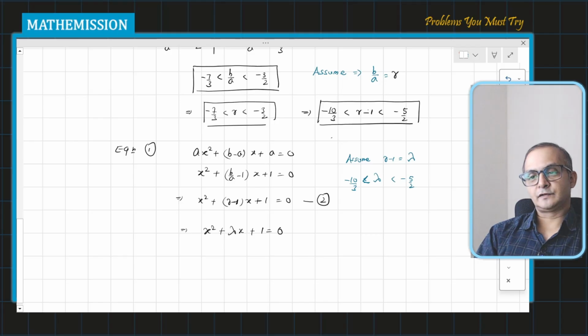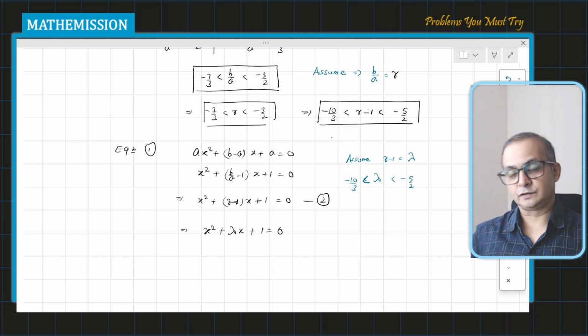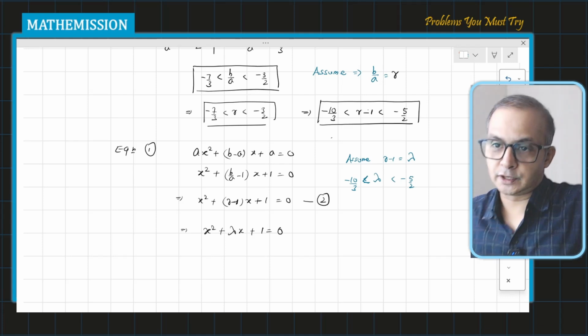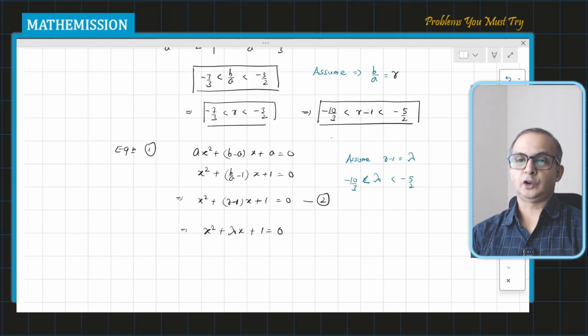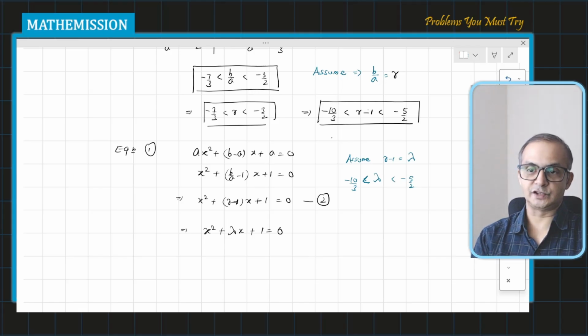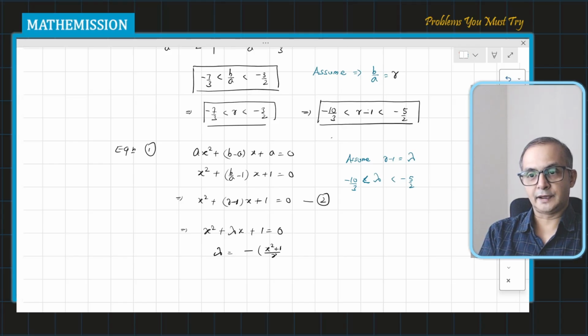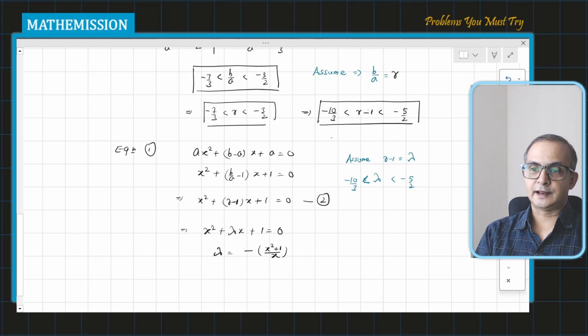Now we know that the value of lambda is lying between negative 10 by 3 and negative 5 by 2, and the values of x are the roots of this equation, and of course we have to find the order of the roots, which is lesser, which is greater. So I can write lambda is equal to negative of x squared plus 1 by x, and the lambda is lying between negative 10 by 3 and negative 5 by 2.